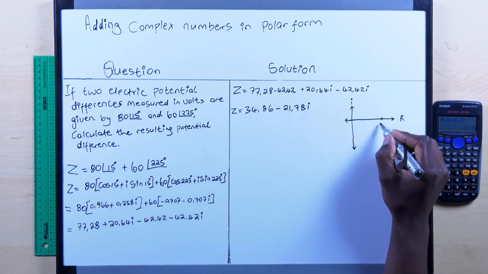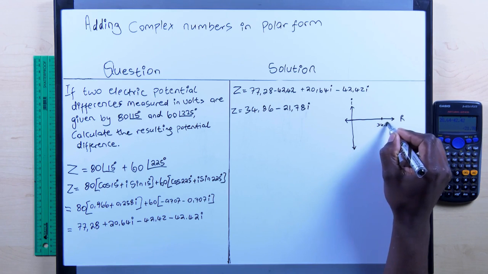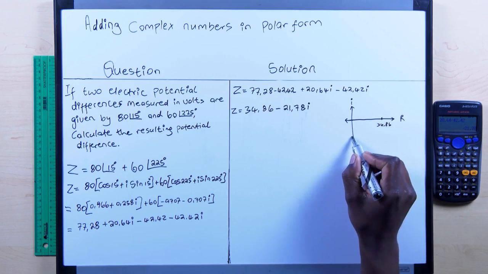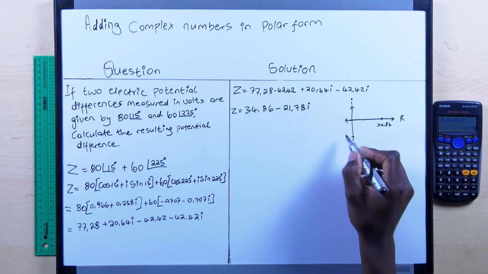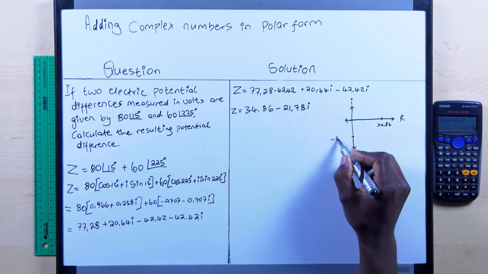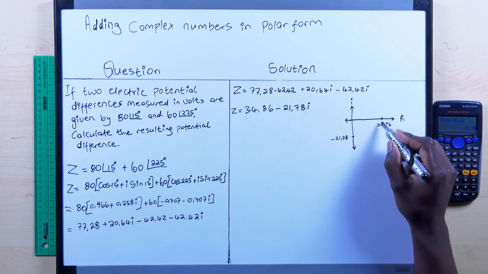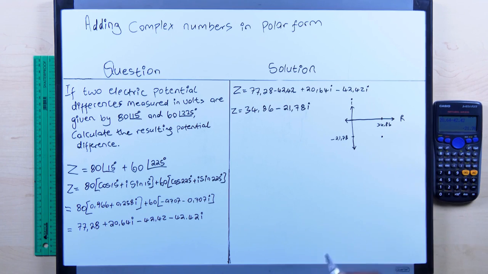So let's say it's here. For your imaginary axis, you're going to have negative 21. So negatives are here. Which means that these two values form a point here.